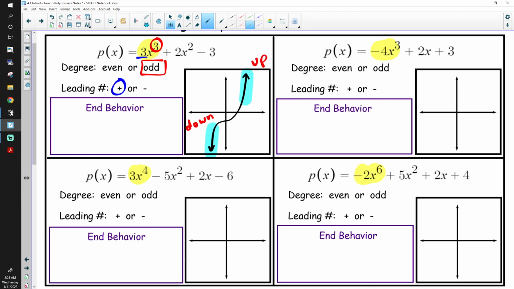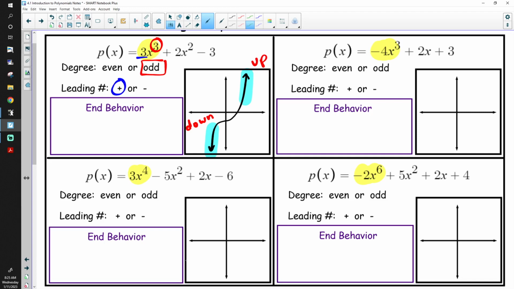Now in math, up and down are not great math vocab words. What should we use instead? So instead of down, where is this going towards? Negative. Yeah, the negatives. It's going down. How long does it go down for?